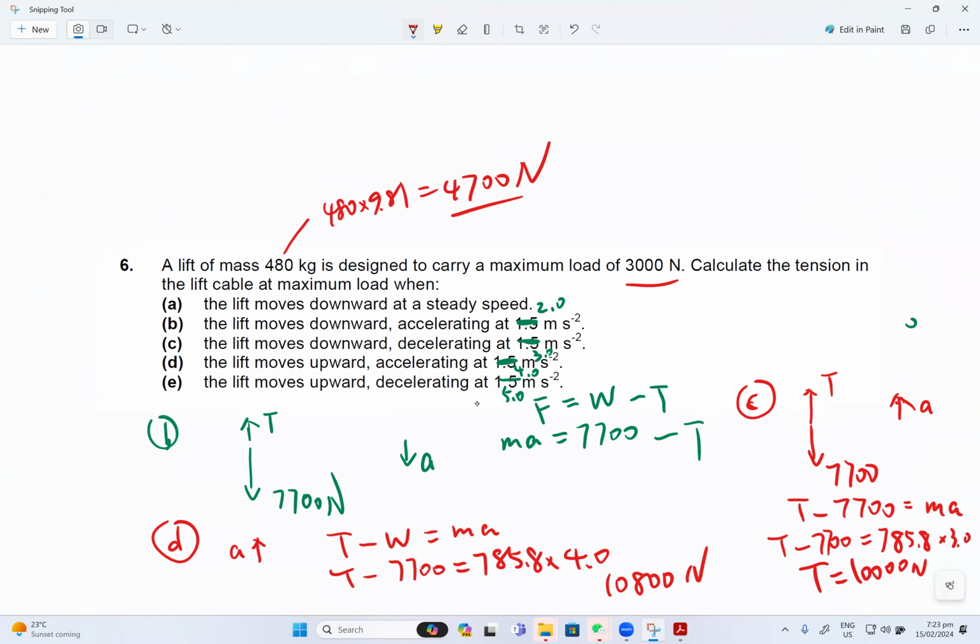All right, E. Wait. For E, you need to tell me acceleration up or down. Good. If you move up but decelerate, acceleration is downwards, which means W is larger, T is smaller. So 7700 minus T equals ma. Acceleration is just 5. All right, what's your answer? 3761. Okay.